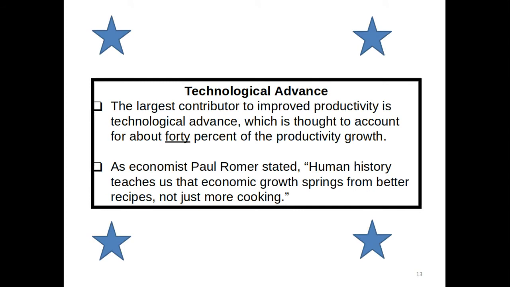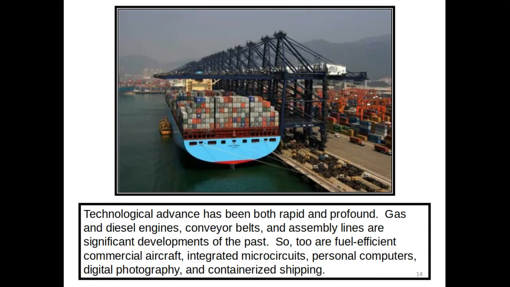So, the first one is by far the biggest impact. It's technology. This accounts for 40% of productivity growth. The more technology we have and the better technology we have, typically the more we're able to produce, and that's going to make us better off.